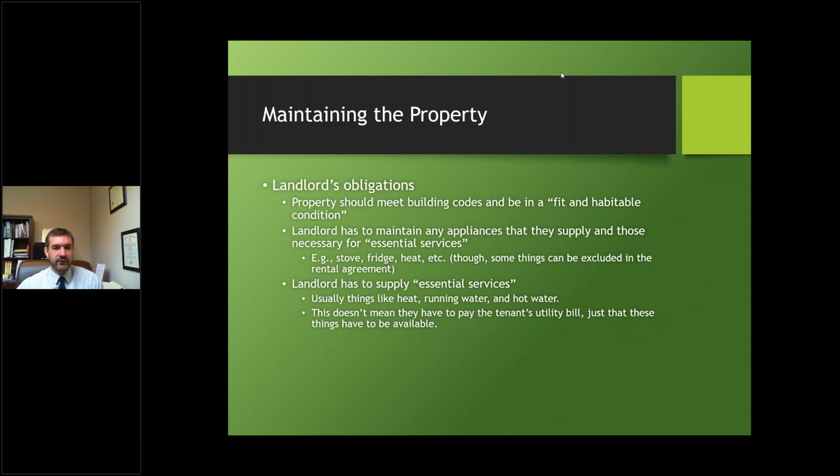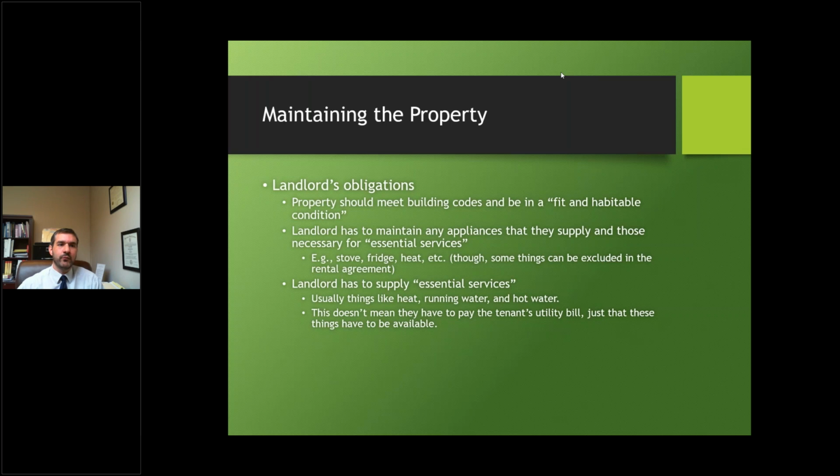The landlord also has a separate obligation to make sure that any appliances that the landlord provides are maintained, and that the landlord provides essential services, which are going to be heat, electricity, plumbing, running water, running hot water, things like that. There are certain maintenance tasks.